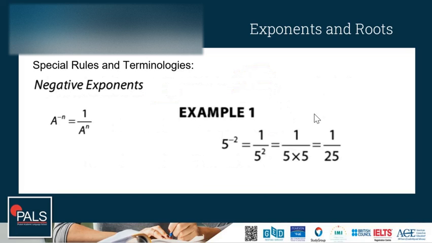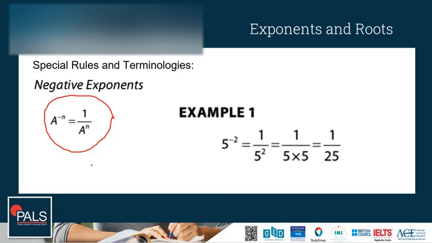Another special rule is negative exponents. Here is the definition of the rule. What will you do if the base has a negative exponent, or the term has a negative exponent?